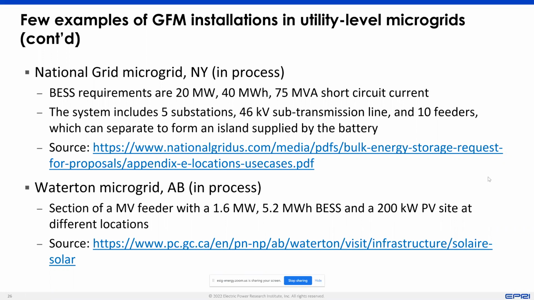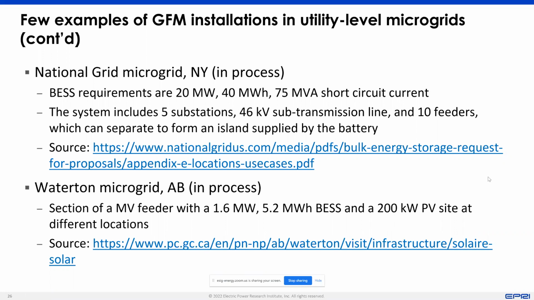This one is large because it not only supports one feeder or one substation, but instead it tries to support 5 substations. It also includes part of the sub-transmission 46 kV line, and 10 feeders that are connected to those 5 substations. As we can see, the common feature is they both use this battery energy storage system as the energy resource to power up that microgrid.